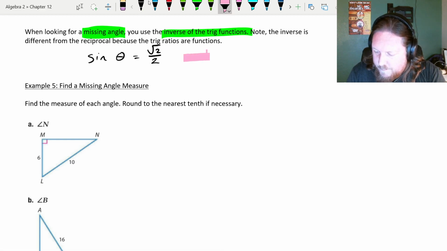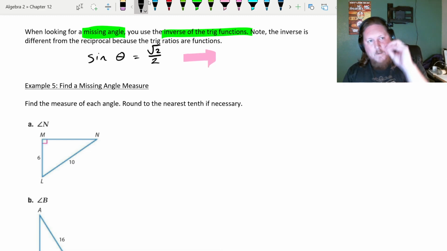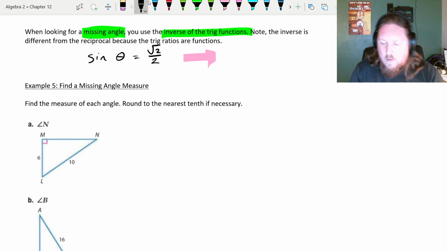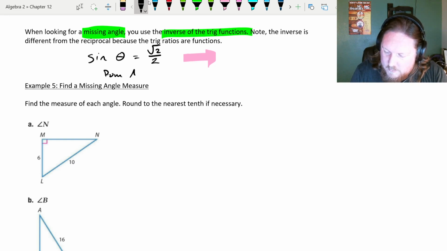Well, what we do is we use the inverse trig function. Normally you plug an angle into a trig function and you get out a ratio. So the domain is an angle, the range is a ratio.